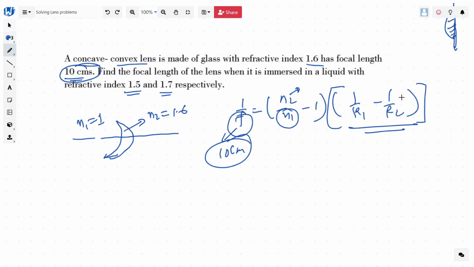Now we can find this unknown part pretty easily using these numbers. And then we need to immerse the lens, which means we are going to change N1, but this geometry part will remain the same because we are not changing the geometry of the lens, right? And we can use that to find the focal length. That should be our strategy, right? So let's try and solve that.